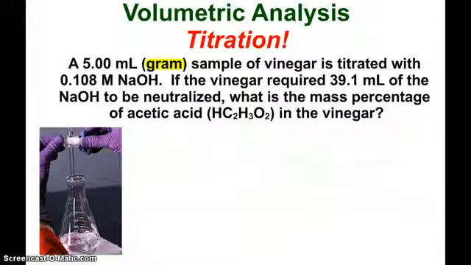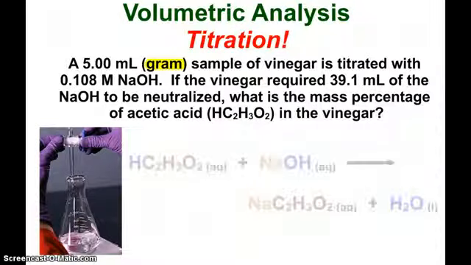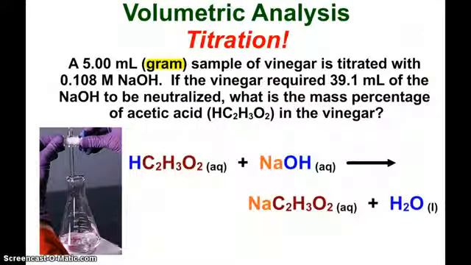So in order to figure out the mass percentage, the first thing we need to do is know what the balanced equation is. And so here we see acetic acid is going to be neutralized with the sodium hydroxide, making our salt water, sodium acetate, and water. And the first thing we notice is that it is a 1-to-1 molar ratio acid to base.